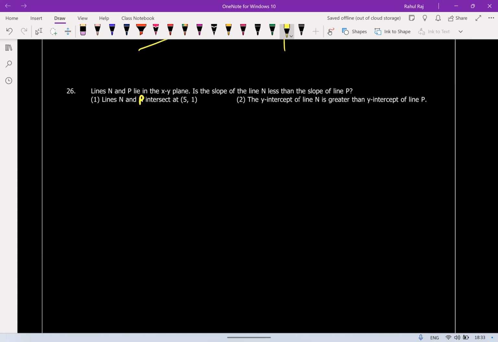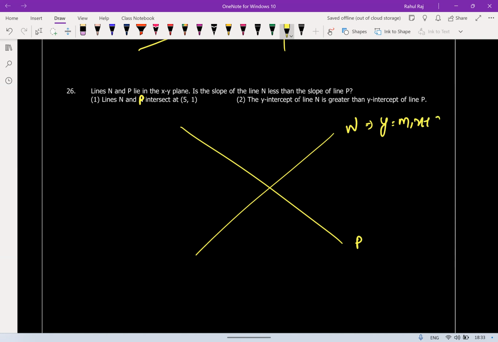Is the slope of line N less than the slope of line P? Option number 1 says that N and P intersect at point (5, 1). So let's say this is line N and this is P. N is y is equal to m1x plus c1, P is y is equal to m2x plus c2. Now they intersect at point (5, 1). Simple, straightforward logic. So if they intersect at (5, 1), it will satisfy both lines. That is 1 is equal to 5m1 plus c1, 1 is equal to 5m2 plus c2.